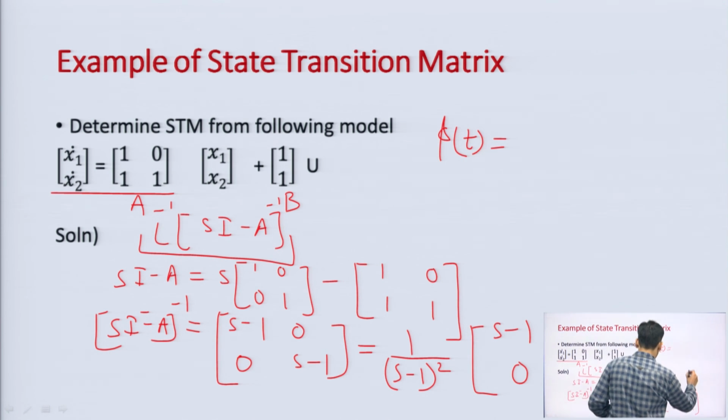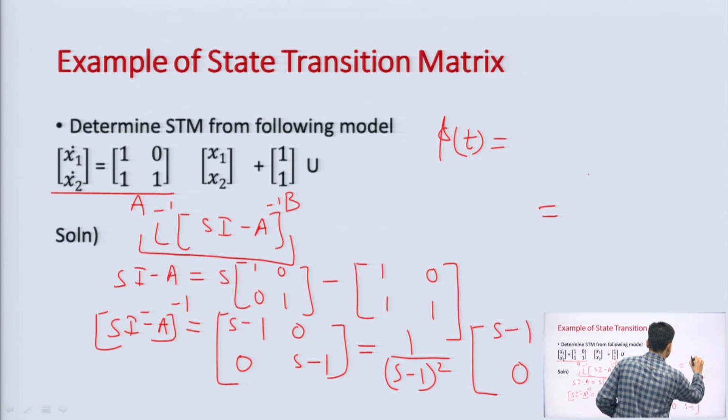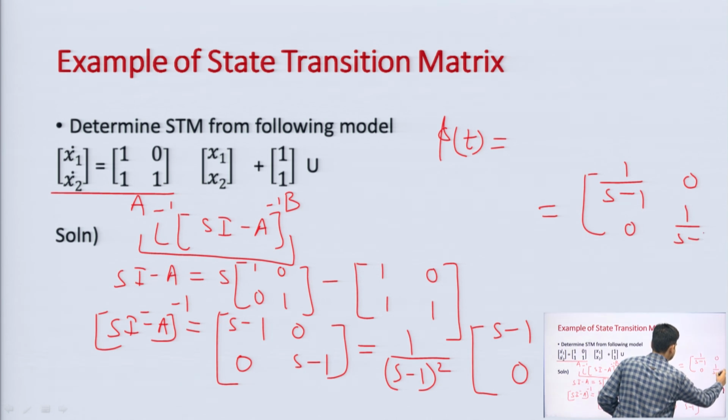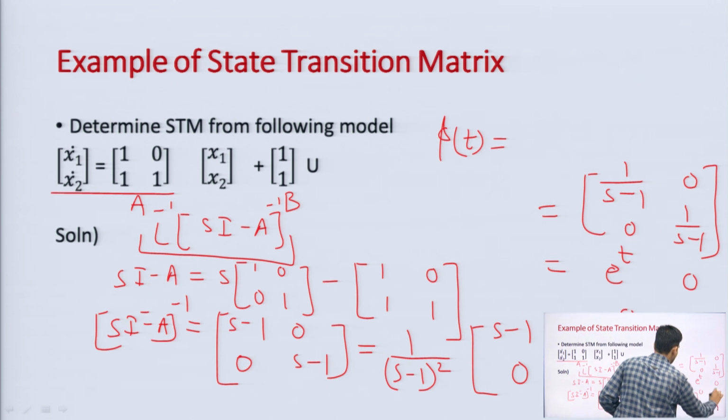If I further solve it and multiply the factor 1 over (s-1) whole square with the inner matrix, I will get this type of expression, and if I further solve it, this will give us e to the power t, 0, and so on, an exponential of t matrix.